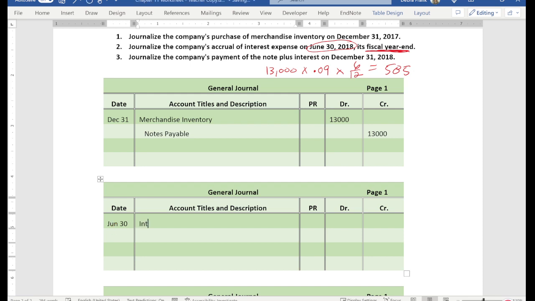So we have interest expense that we get to record, an expense related to our eventual sales of our inventory when we sell it. And we didn't pay it yet. It wasn't said to be paid, it was just accrued, so we need to record interest payable.